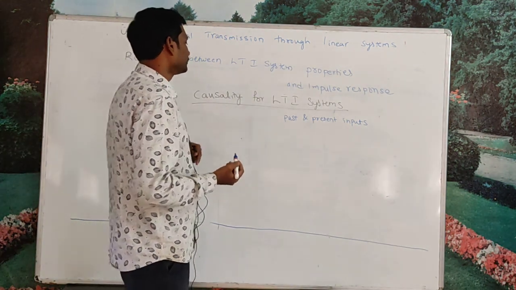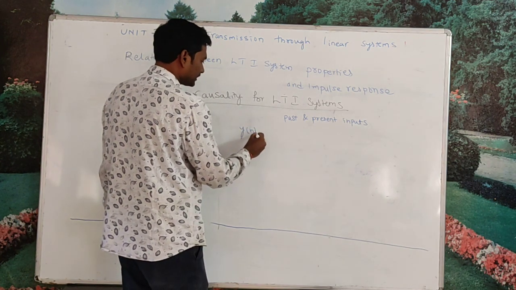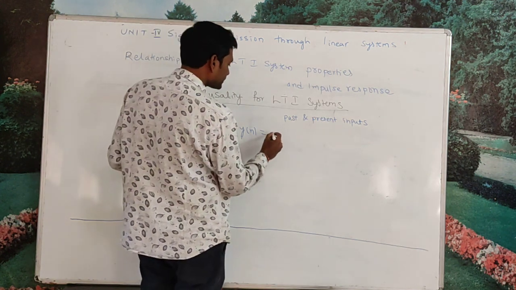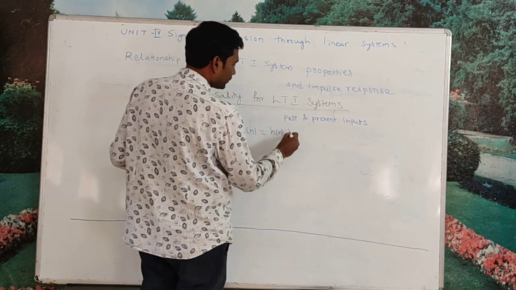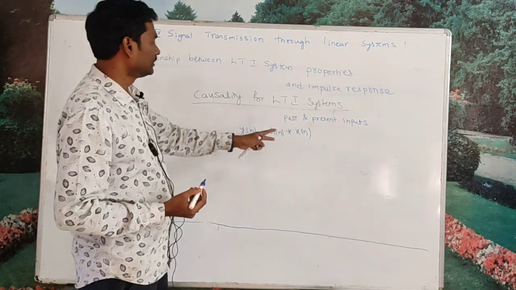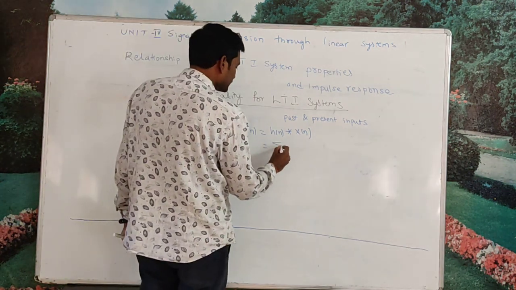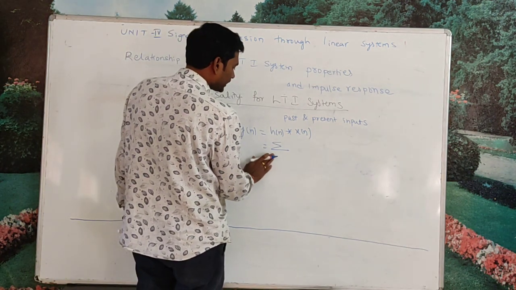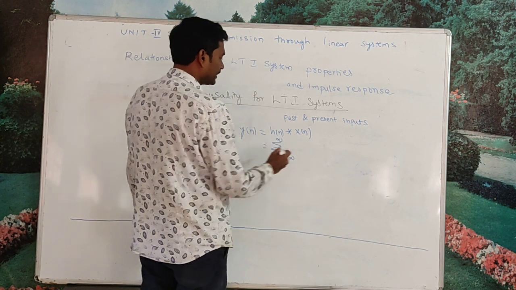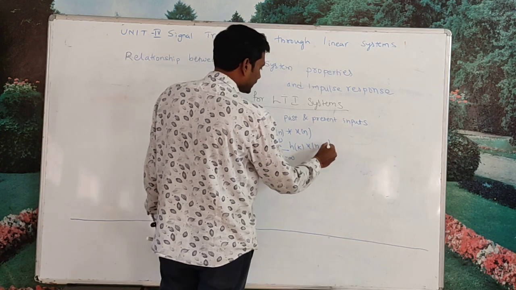Anyhow, let me go with the y of n once again. So y of n, the output of the LTI system, can be written as h of n convolved with x of n. This we already know, so we can interchange this as well. That is equal to summation k equals minus infinity to infinity h of k x of n minus k.